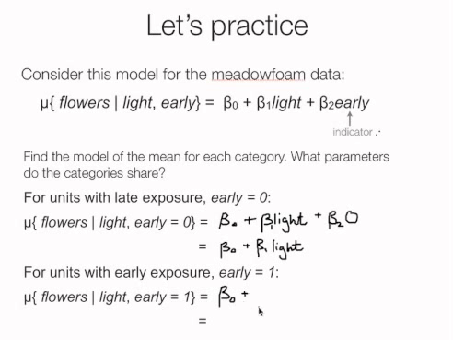We have beta 0 plus beta 1 times the light intensity plus beta 2 times the early indicator variable, and in this case that early indicator variable has the value 1. And now we simplify. Beta 2 times 1 is just going to give us beta 2. So we'll have beta 0 plus beta 1 times light plus beta 2.